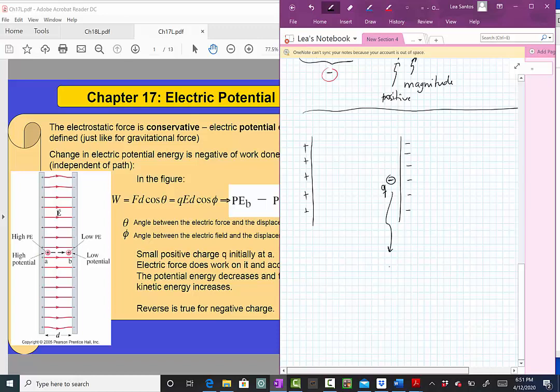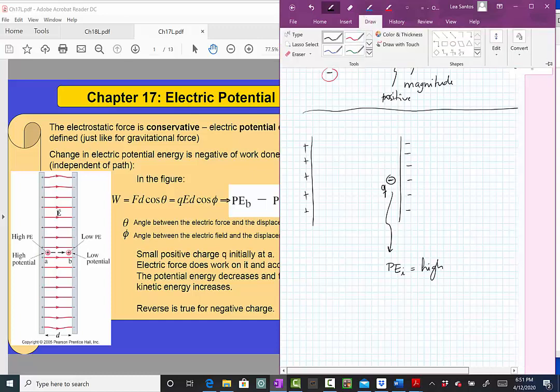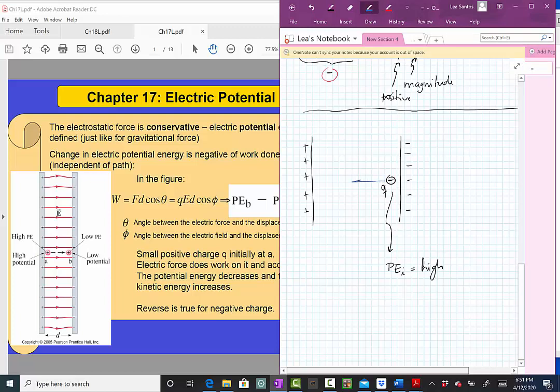At this point, the particle has a large initial potential energy, the high electric potential energy. If I release this particle, it's going to fly away towards the positive charge due to this electric force, and it's going to lose potential energy. So once it gets to this plate here, this final potential energy will be low. This negative charge moves in the opposite direction of the positive one, of course.